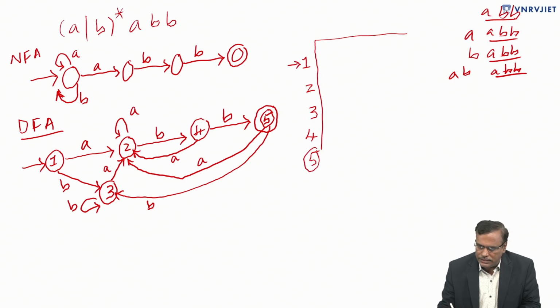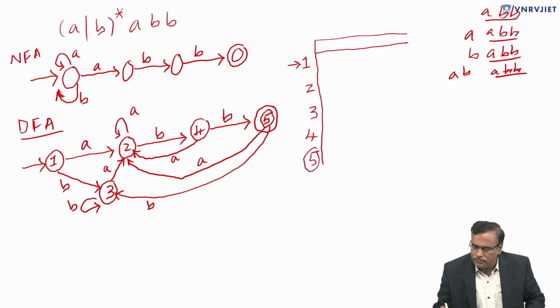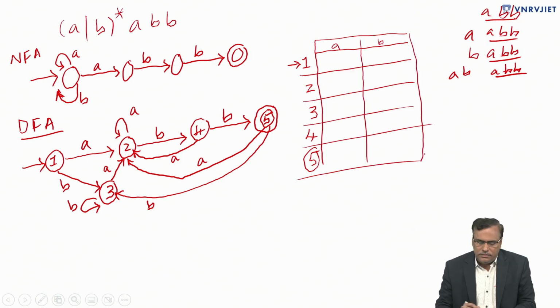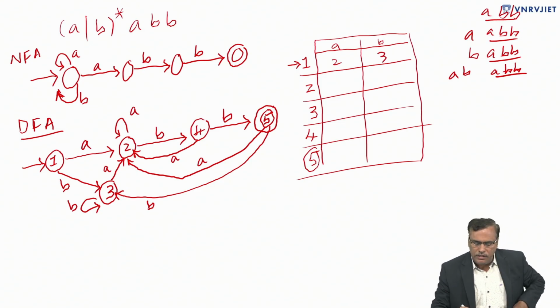This 5 is the final state. Input symbols are A, B. So from 1 on A you are going to state 2. From state 1 on input symbol B you are going to state 3.